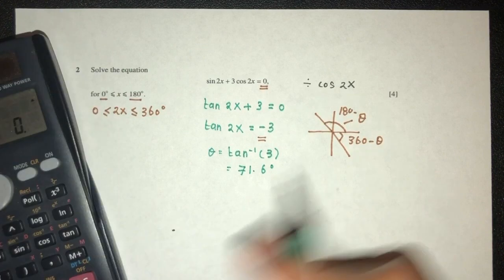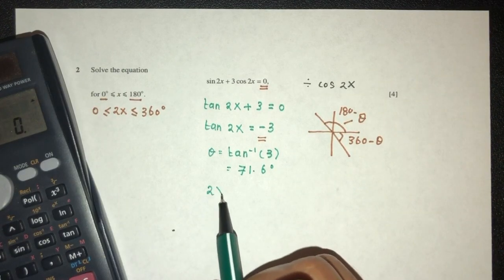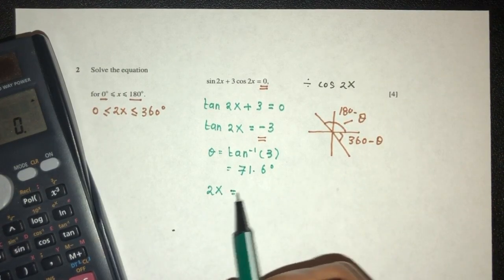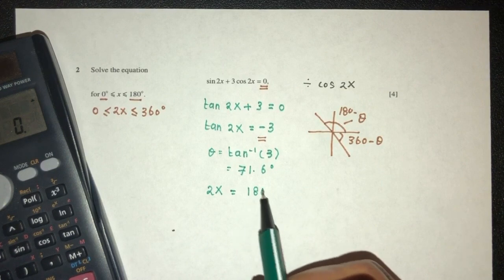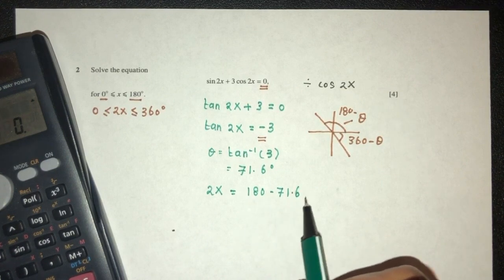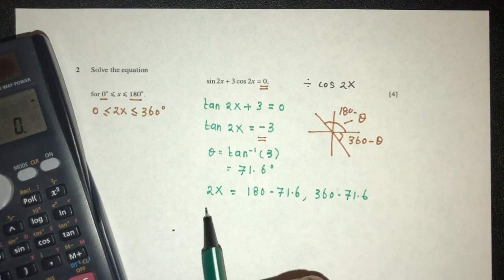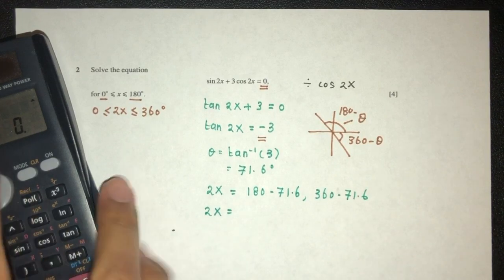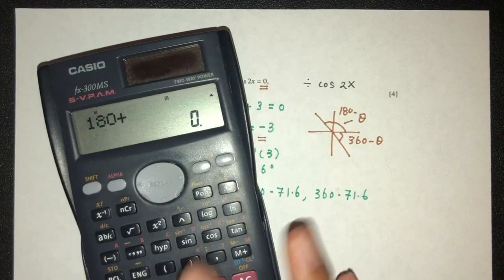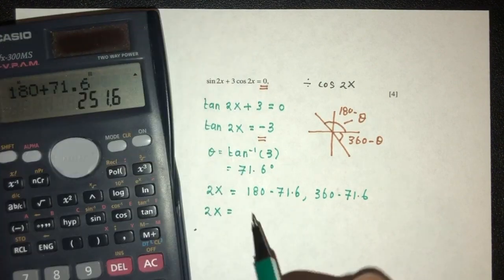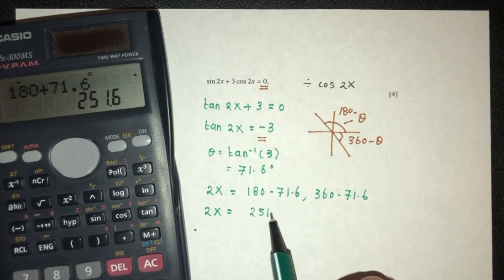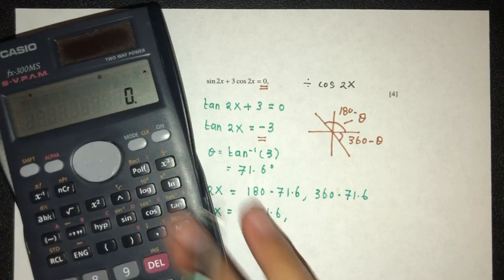Tan inverse of the positive value of 3 should be 71.6 degrees. Now to find the value of 2x, because here we have 2x equal to 180 minus theta and 360 minus theta, 2x will be what? Let's find out. 180 minus 71.6, that will be 108.4.